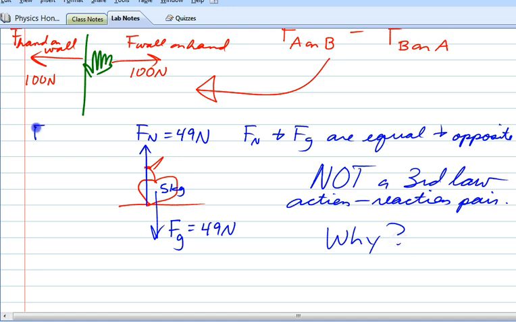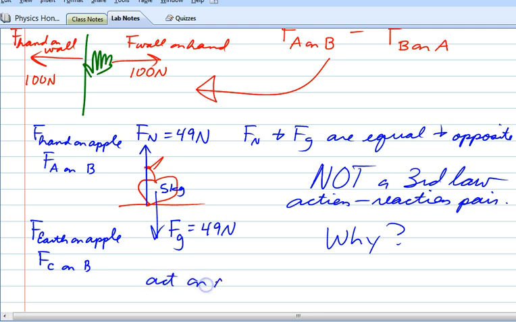The normal force is really the force of my hand acting on the apple. The force of gravity is really the force of the earth acting on the apple. So this could be the force of A acting on B, but this would have to be the force of C acting on B. In other words, these two forces act on the same object.